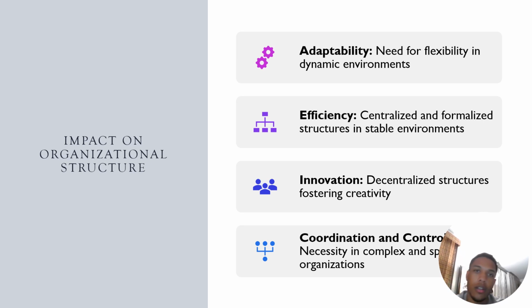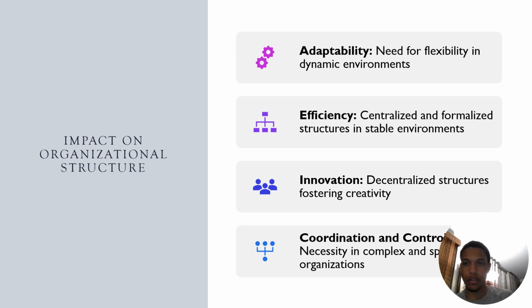A structure with low formalization and high decentralization can foster innovation by empowering employees and encouraging creative problem solving. High complexity and specialization necessitate robust coordination mechanisms to integrate various functions and ensure alignment with organizational goals.